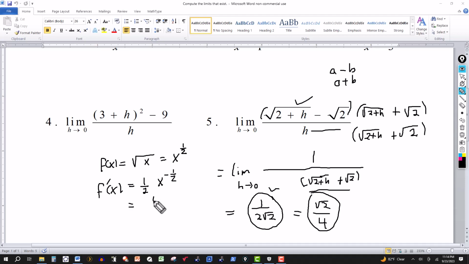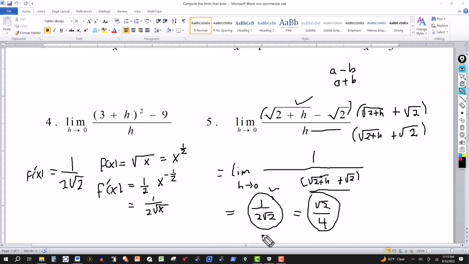And I can take that to the denominator, just change the sign, so this would give me a 2 times x to the 1/2, or I could write it this way. So if I left the x, instead of a 2 here, and I would go through all this procedure here, I would get the derivative in terms of x right here. And so what we're doing is this. The derivative at the point where x is 2, plug in 2 right there where the x is, and that gives me 1 over 2 times the square root of 2, which of course gives me the answer we got.